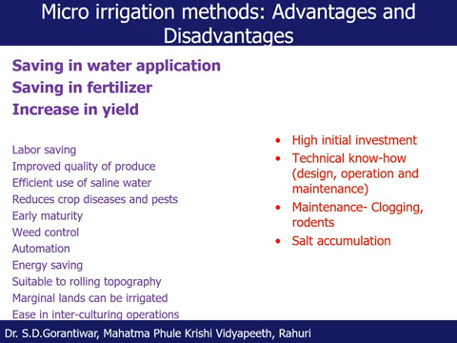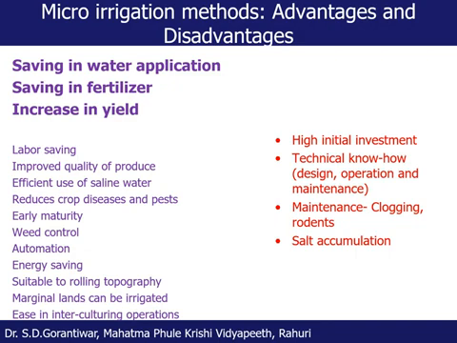It is possible, as I was explaining, that with the adoption of micro irrigation method, we can get better quality of the produce compared to the surface irrigation method and sprinkler irrigation method.